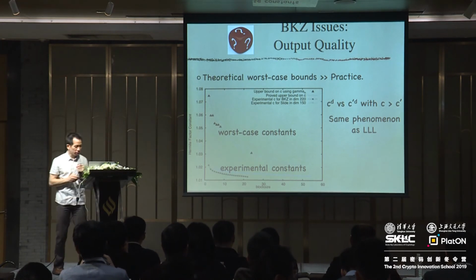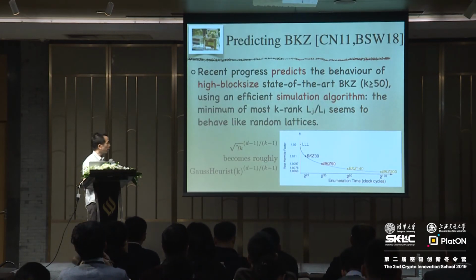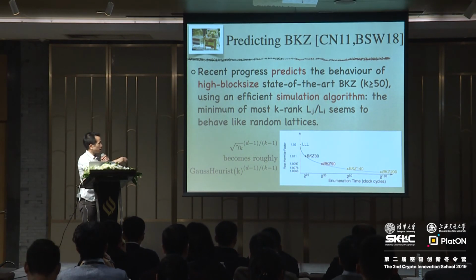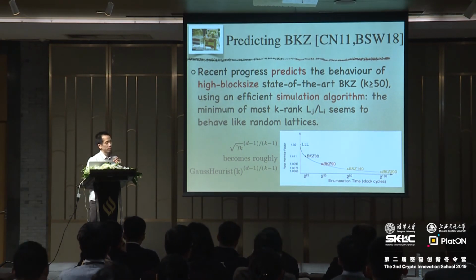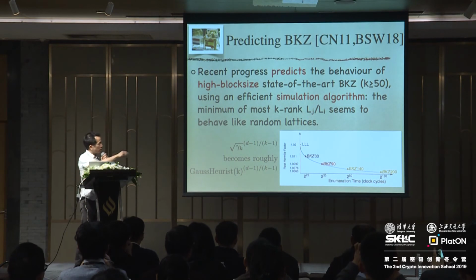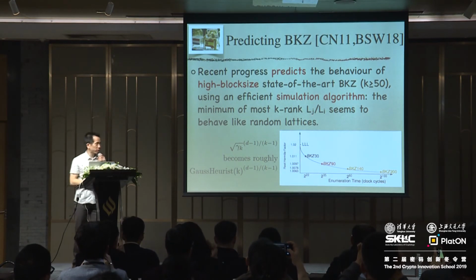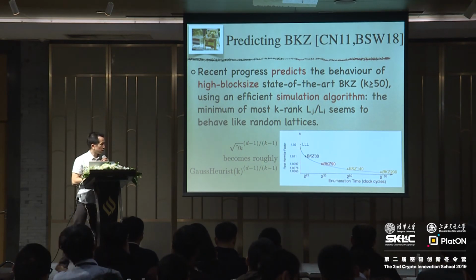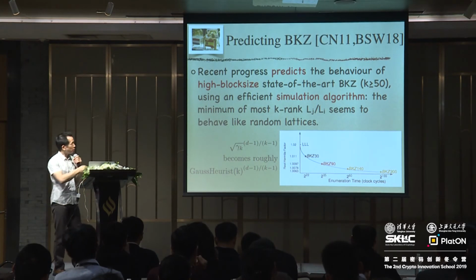So one nice thing, dating back a couple of years ago, is that it's possible to heuristically predict this constant using random lattice theory. It's been noticed that if you make the heuristic assumption that these quotient lattices behave like random lattices when it comes to their first minimum, you can predict the shape of the basis of BKZ.